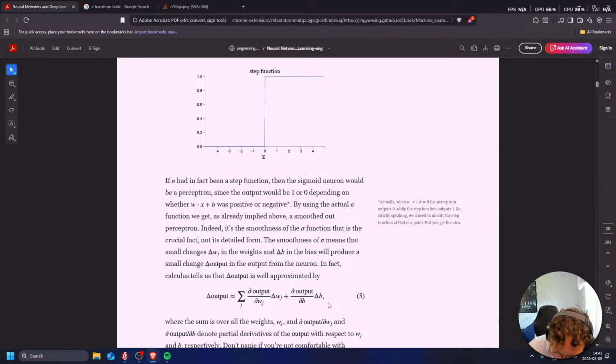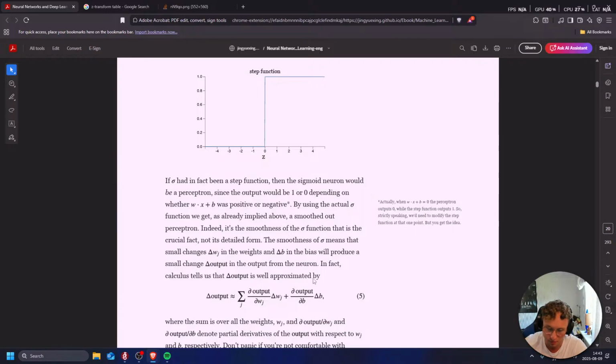Oh, by the way, I thought this was the delta value, but it's actually a derivative. Oh, wait, I've seen this equation before. I've actually seen this equation before. This is, I think, the summation of multivariable derivatives, right? In multivariable calculus.